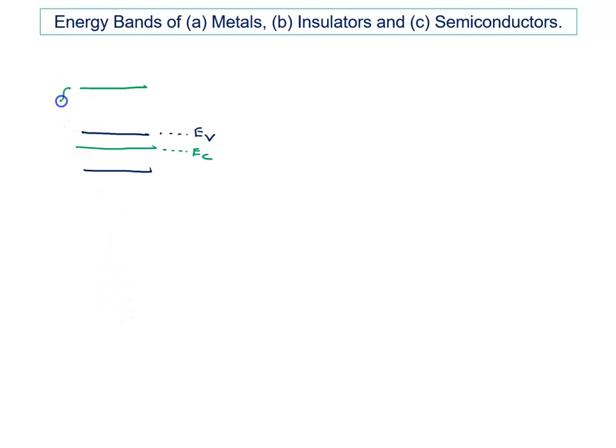So I say this is known as the conduction band. This is known as the valence band. And here we observe that both conduction band and valence band overlap like this.